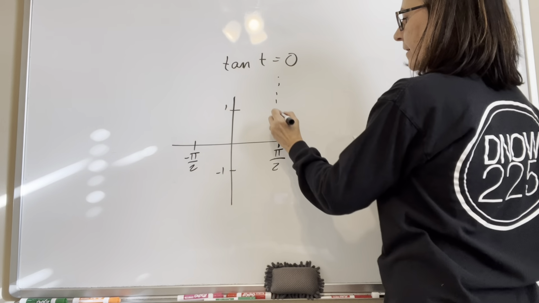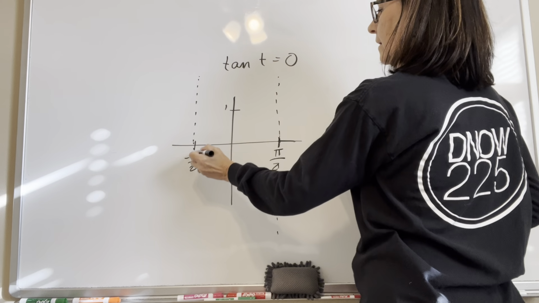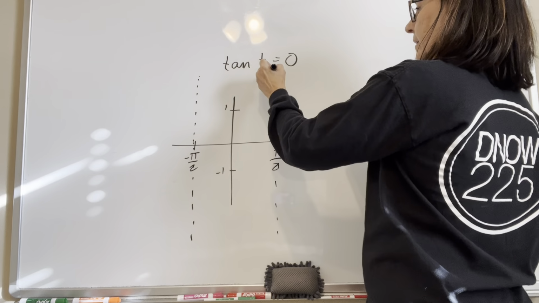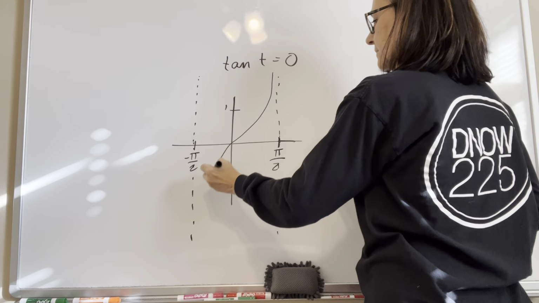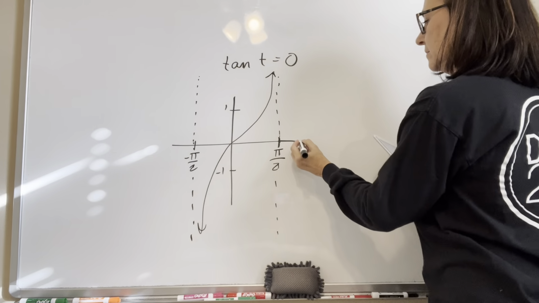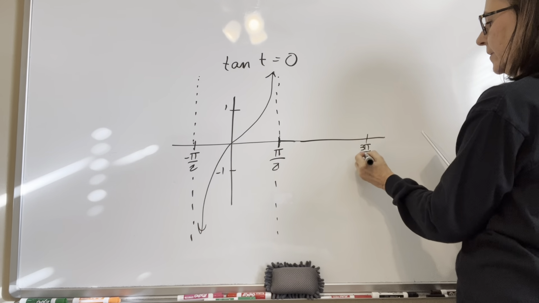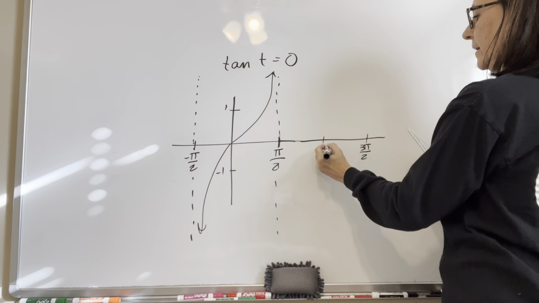Every odd half pi for the tangent, there is a vertical asymptote, and it looks like this. So here, this would be 3 pi over 2, and this would be pi. Here would be another asymptote, and it would be right here.